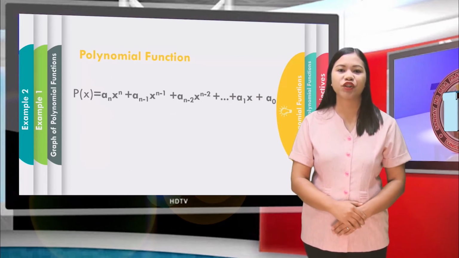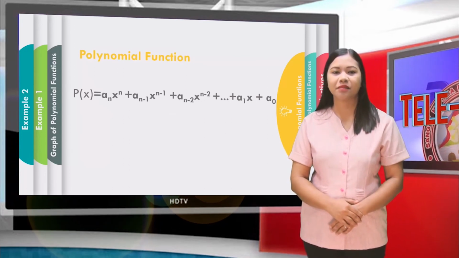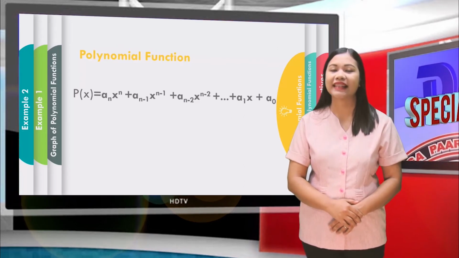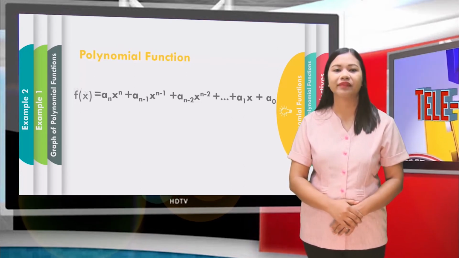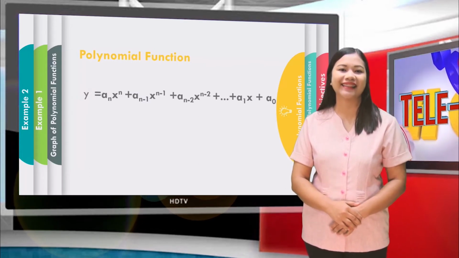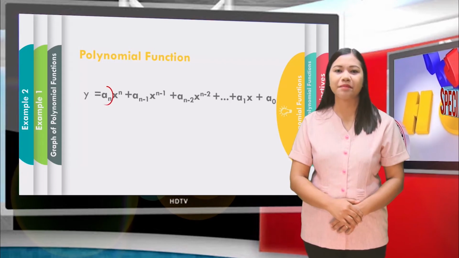This polynomial function p of x may start with function of x or f of x. It can also start with y. In addition, a sub n is the leading coefficient, and n is the degree of the polynomial.